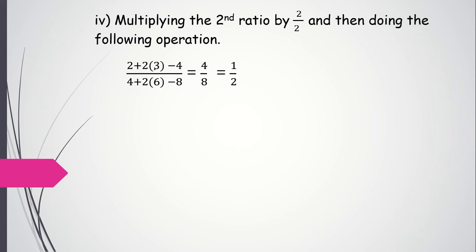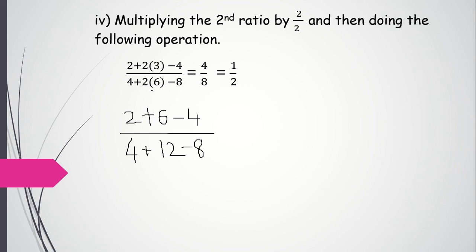Let's see how. See, 3 2s are 6, this is 2, plus this is 3 2s are 6, minus 4 upon this is 4, plus 6 2s are 12, minus 8. 6 minus 4 is 2. 2 plus 2 is 4.